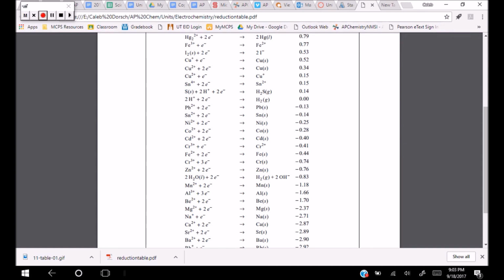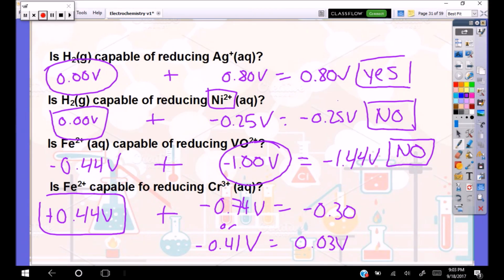But if you're trying to reduce the charge all the way down from 3 to neutral, in which case it would be no. So we'll have to think about that. That's a tricky one.